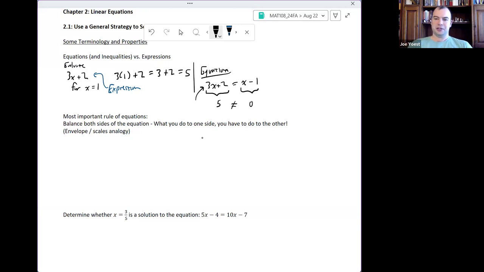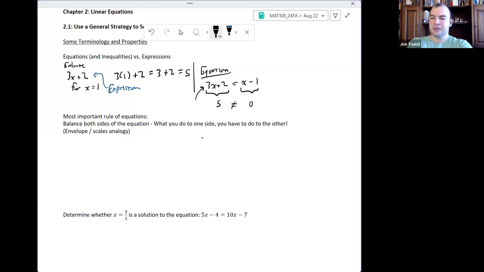Well, I suppose I could solve this equation by just guessing a bunch of values of x, but that's quite inefficient. And maybe if my value for x is like 2, I could find it reasonably quickly. But if it's like 17.318, are you ever going to guess that one, right?